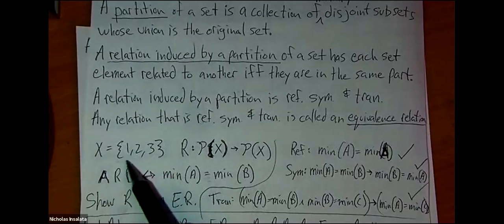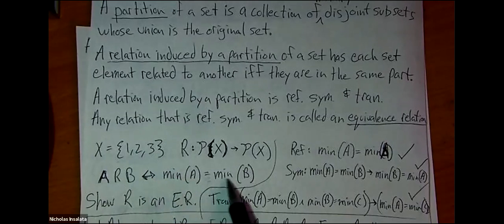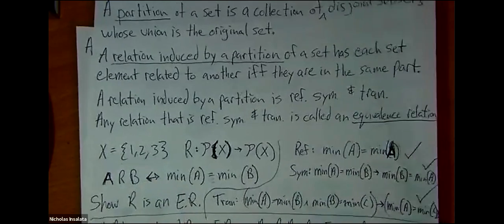If we take the power set of X and equate the minimum elements of two subsets, that was an equivalence relation. We showed that a few minutes ago, right? So let's take that same setup and find the equivalence classes, right?